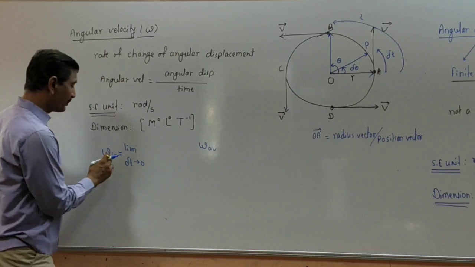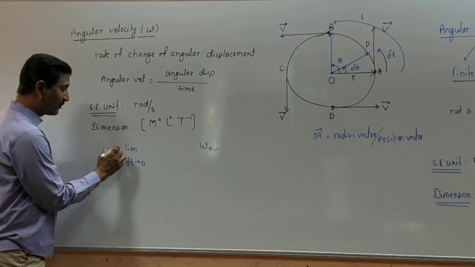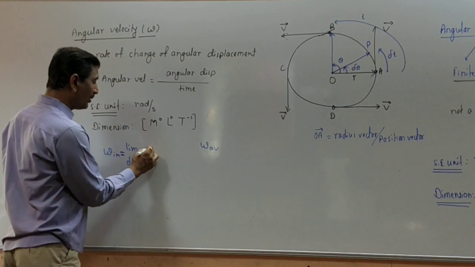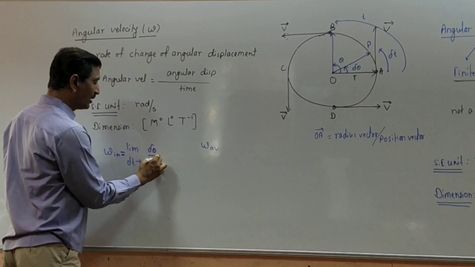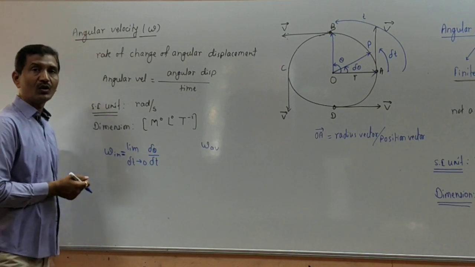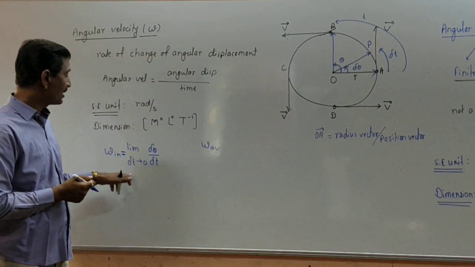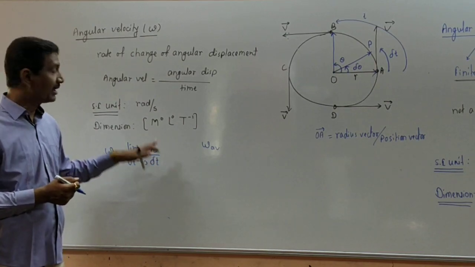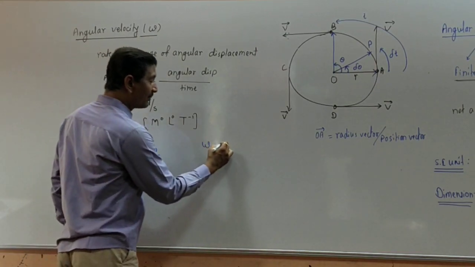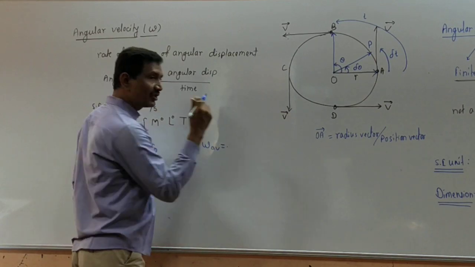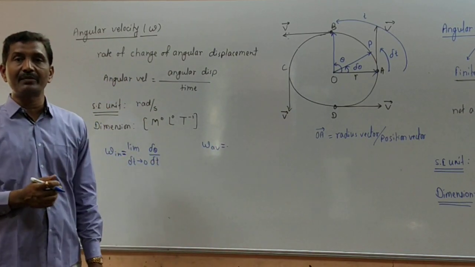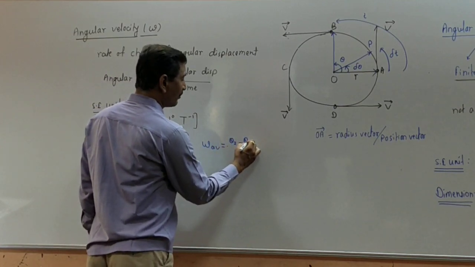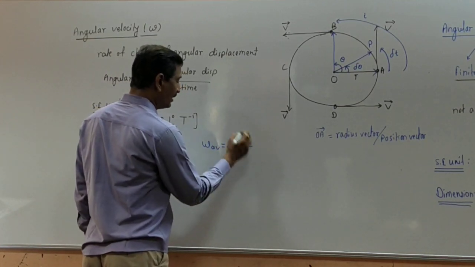Mathematically, omega is equal to limit delta t tends to 0 of delta theta upon delta t. Now, what is the average angular velocity? It is the change in angular displacement upon time. Simply, it is theta 2 minus theta 1 upon t.